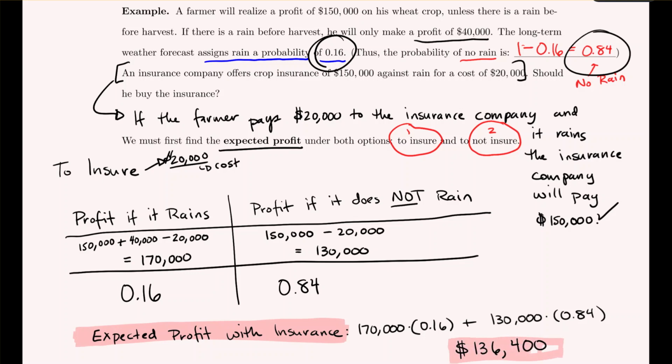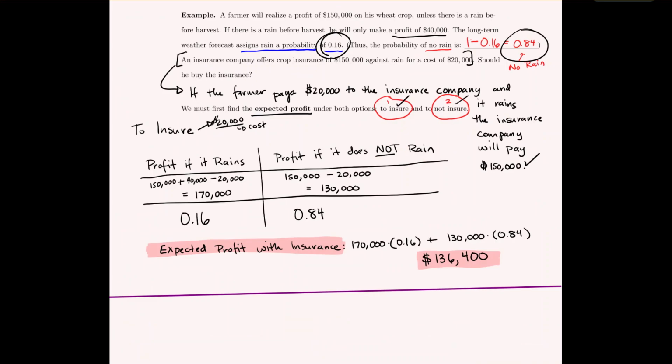Now we were asked to compare the expected profit under both options: to insure, which we just did, and in the case that we did not insure. So let's now calculate the expected profit if we did not insure. Now in the case that we did not pay for insurance, we still have the two situations. Our profit differs based on if it rains or if it does not rain.